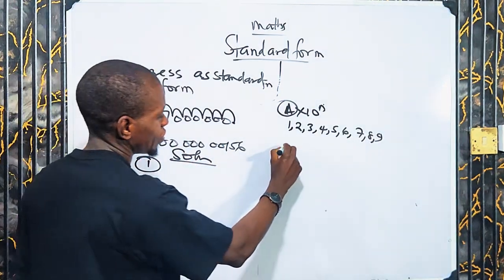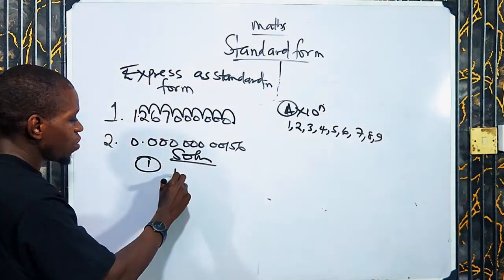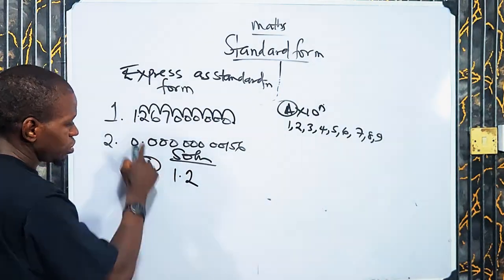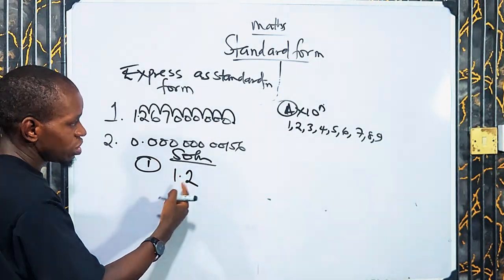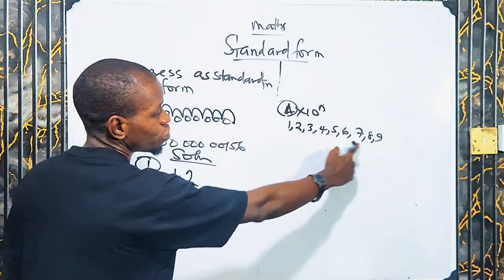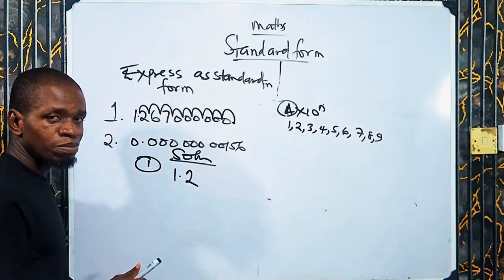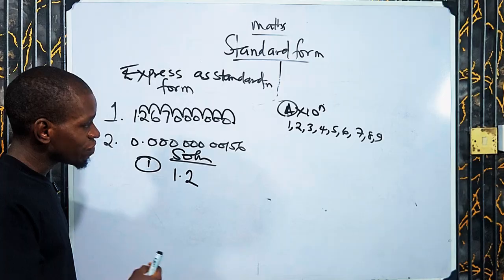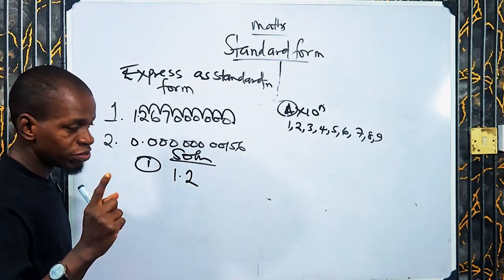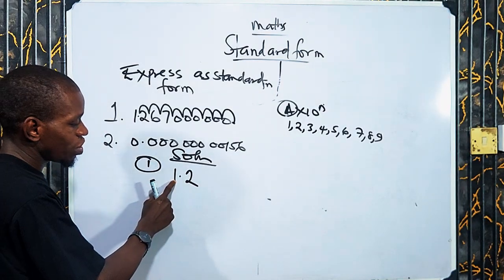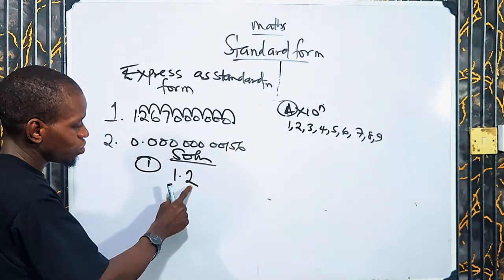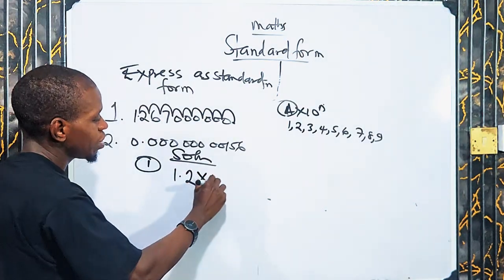So I can say 1.2, because the point is between 1 and 2, and the rule says it must start from any of these whole numbers and not from 0. Since it started from 1, I have 1 point, then the next number, which is 2. Then I will say times 10 raised to the power.